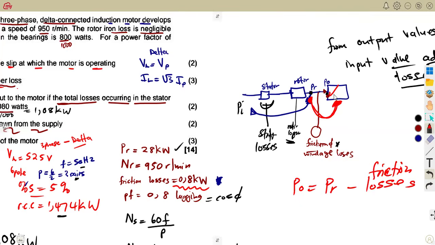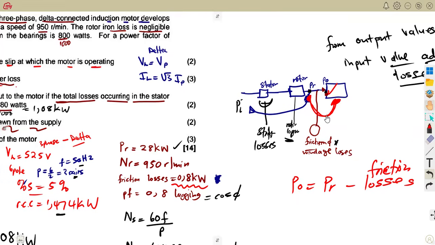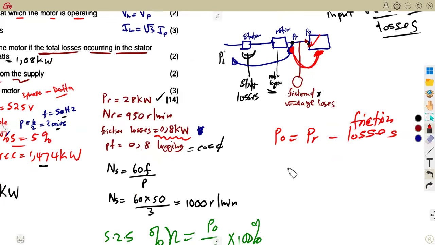So you must be very careful on that one. You must be very, very careful on this type of equation. So the output can be calculated. The rotor is there. So that is 28 minus the friction. Remember our friction, it was 800 watts converted to kilowatts. That's 0.8. So our output power was going to be 27.2 kilowatts.